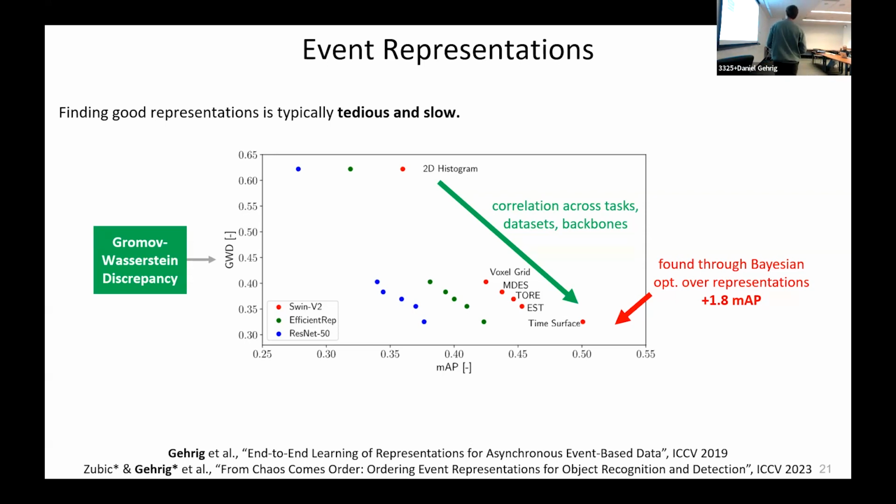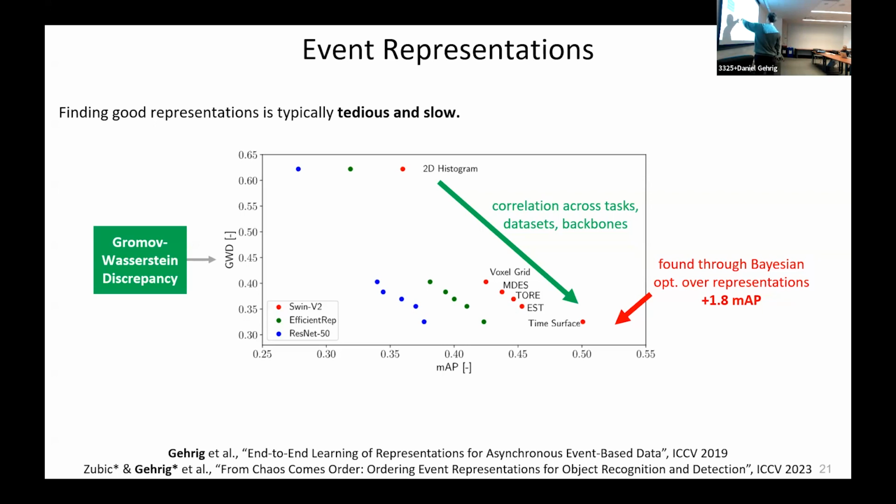Every one of these points is a single neural network, trained on this detection benchmark. For each horizontal line we have a different event representation, but the networks are the same, and the different colors show different backbones.